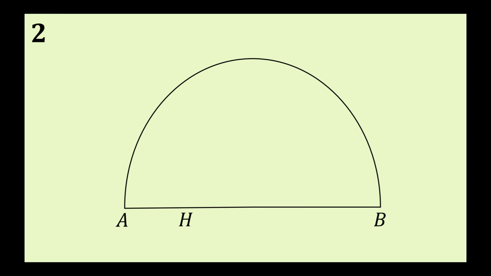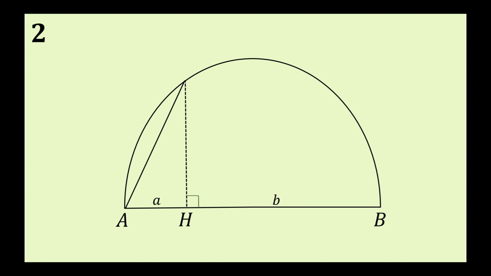We can approach this inequality in a geometric way. There is a semicircle whose diameter is a plus b. The diameter is divided by a point H into a line segment AH, whose length is a, and a line segment BH, whose length is b. From H, we draw a perpendicular to the line segment AB.